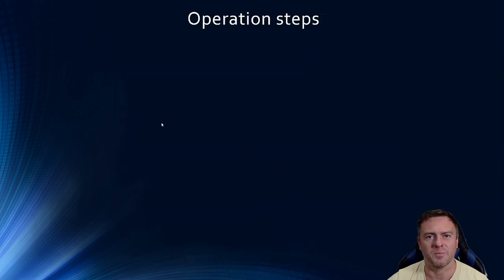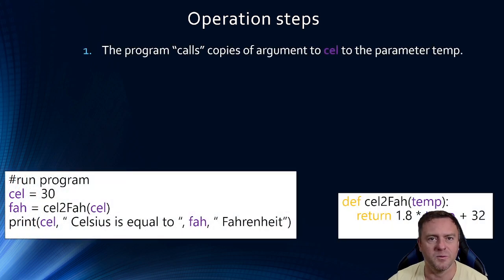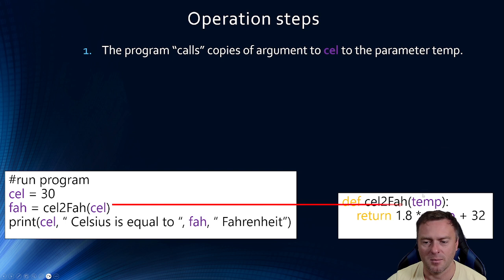The way that works is, first of all, the program copies the argument into the parameter temp. So whatever was stored in far, which was here, then gets assigned into the temp here.